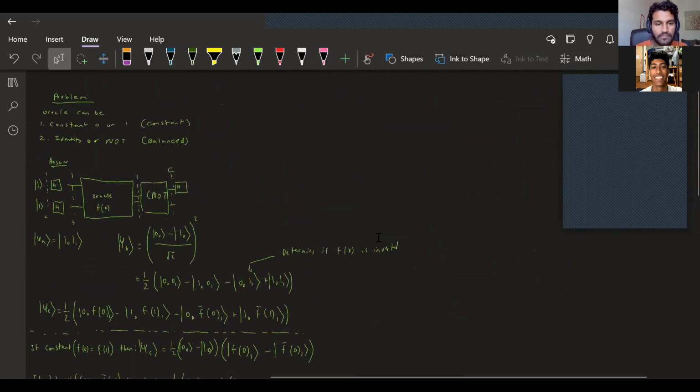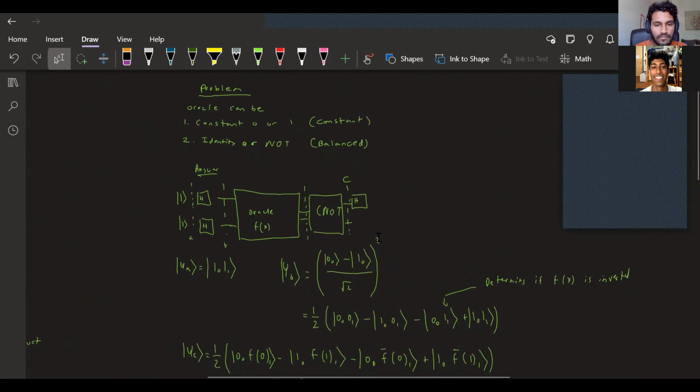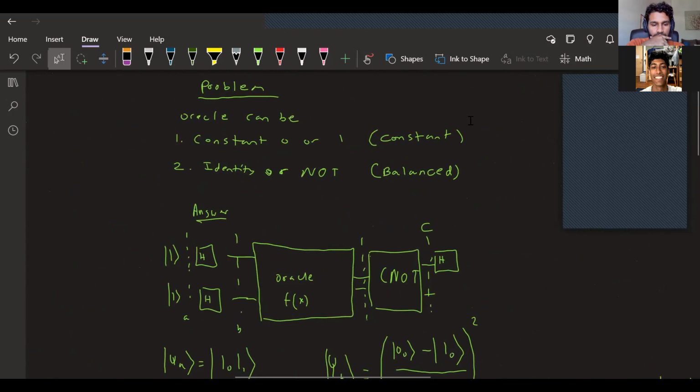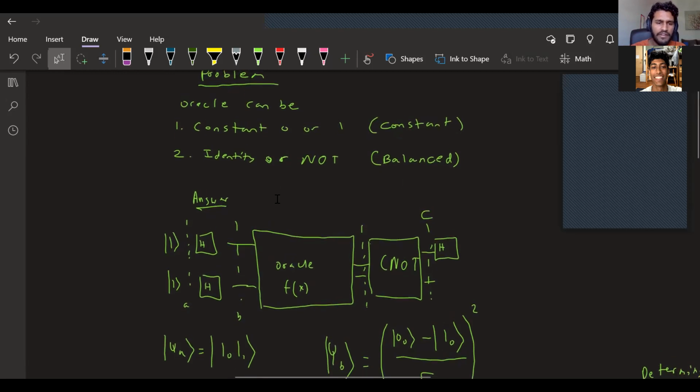The tensor product of the 2 states, right? Yeah. So the entire problem statement is that you have some oracle. Given an input X, the output, your Y, can either be a constant 0 or 1, or it is a balanced oracle, meaning that it either applies the identity or NOT gate to the X to get the Y. I think the way you drew the diagram, I'm not sure.